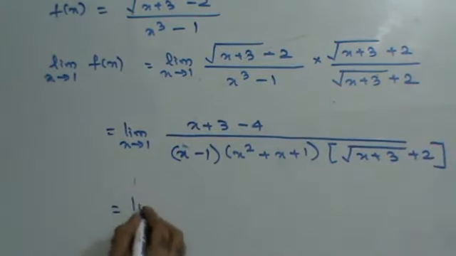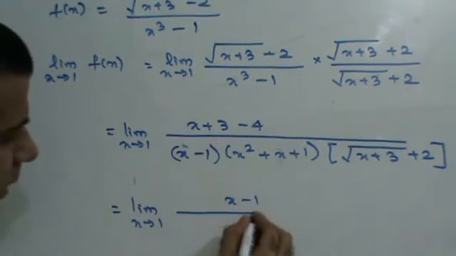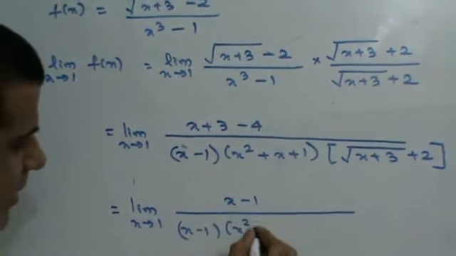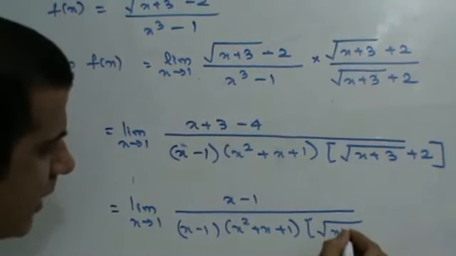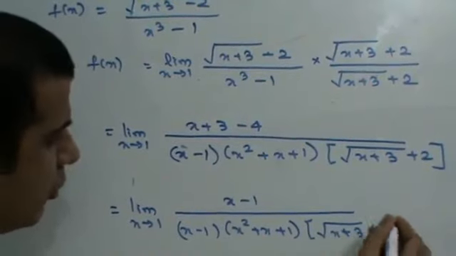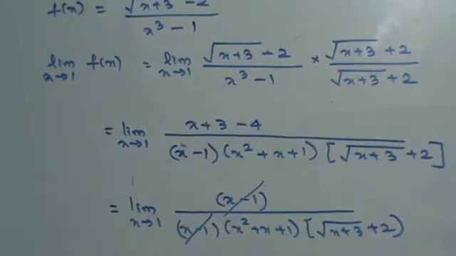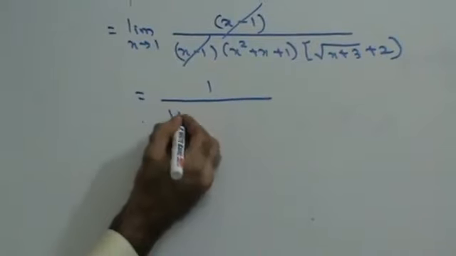Now this can be written as limit of x tends to 1, x plus 3 minus 4, which is x minus 1, upon x minus 1 into x square plus x plus 1 into square root of x plus 3 plus 2. x minus 1 in the numerator and denominator cancel each other.